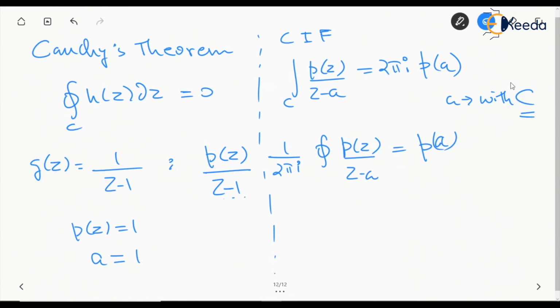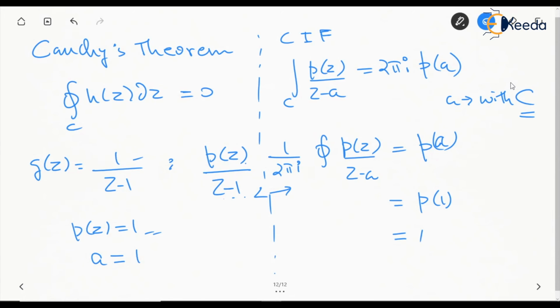If you compare both these expressions, you can see that p of z is 1 and z plus 1 is actually z minus a. So this is going to be simply p of a, and p is actually a constant 1. So this means this is going to be 1 simply, right?